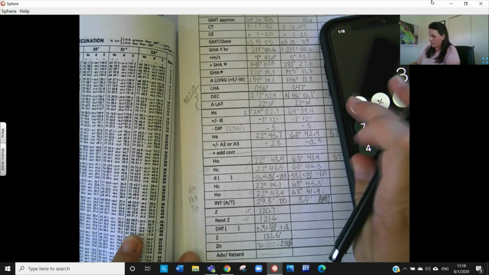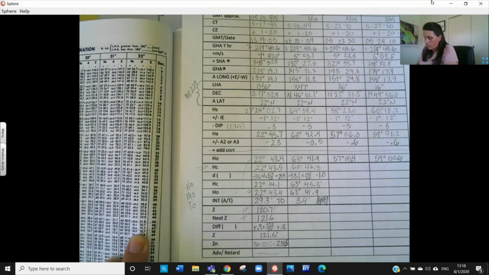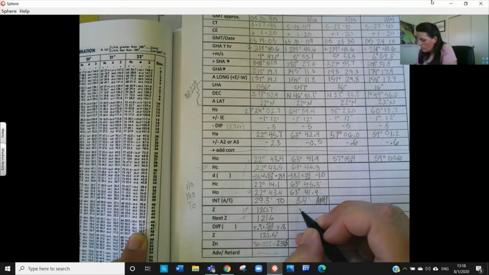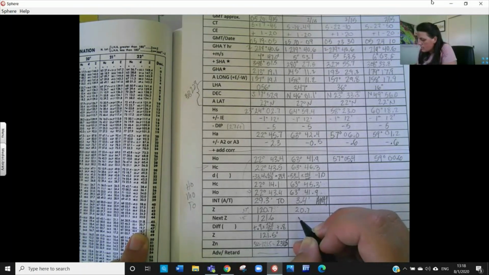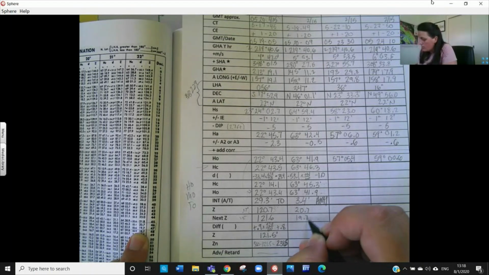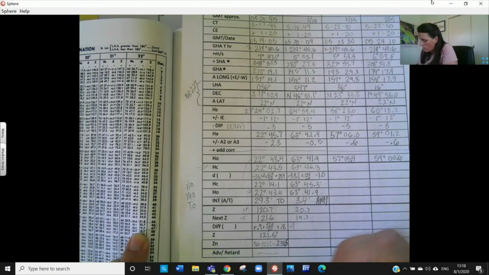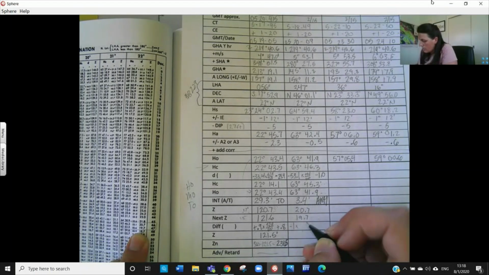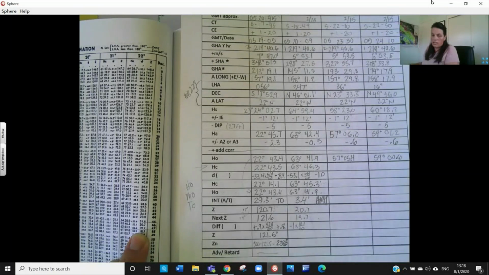Now for the Z, on this side we have a Z of 20.7, and our next is 19.7. So my difference there is going to be subtracting 1 degree, multiplying that by 1.1 over 60. Again, very, very small.